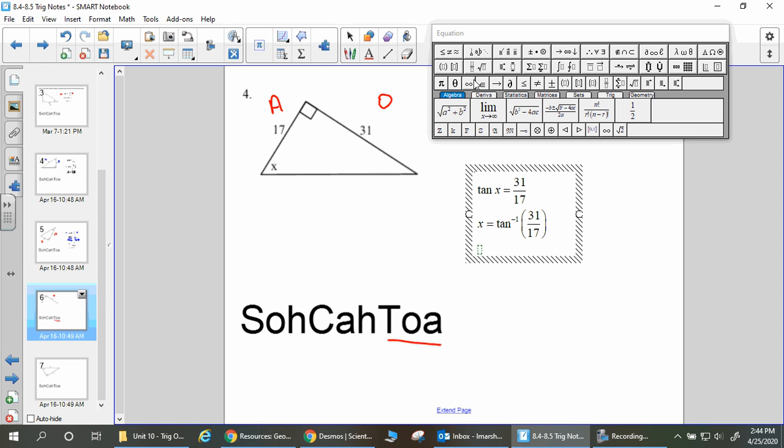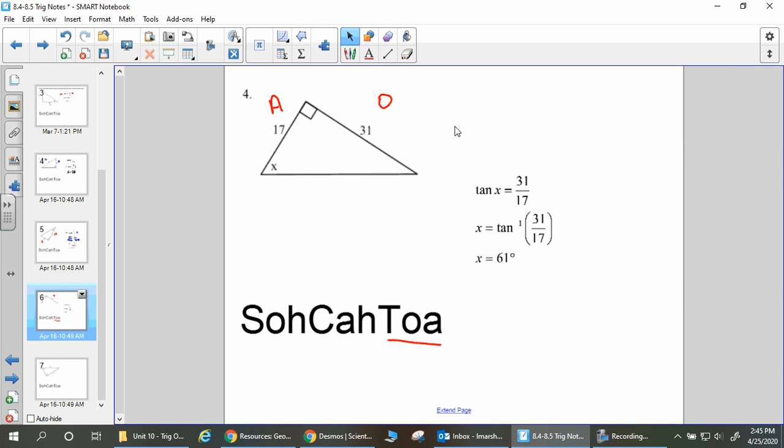If you pull up your calculator, you put in the inverse tangent of 31 over 17. Just make sure, as always, if you're finding an angle, you do need to round to the nearest whole degree. This would come up to be 61.2. So that means x is actually just going to stay a 61-degree angle. We can put the degree bubble there. And there's our answer for number 4.